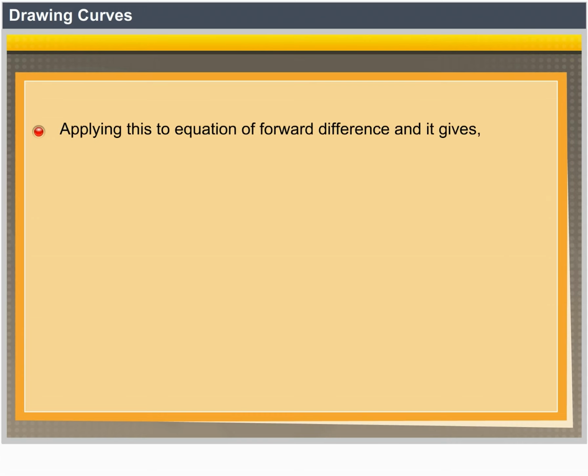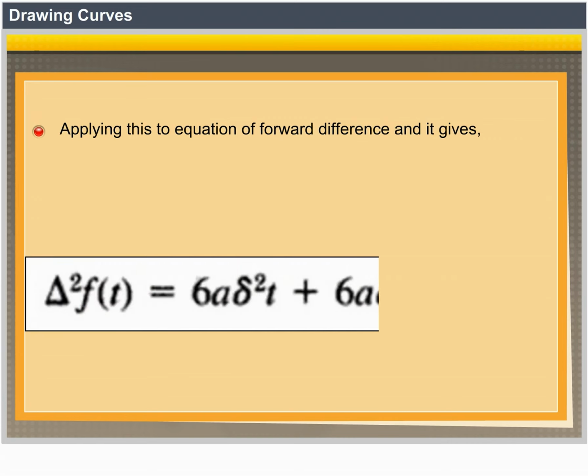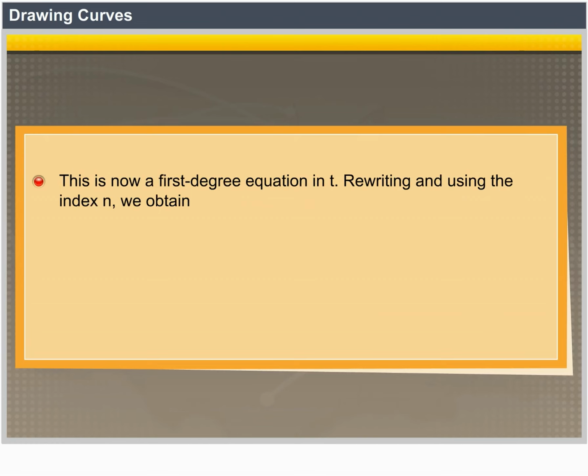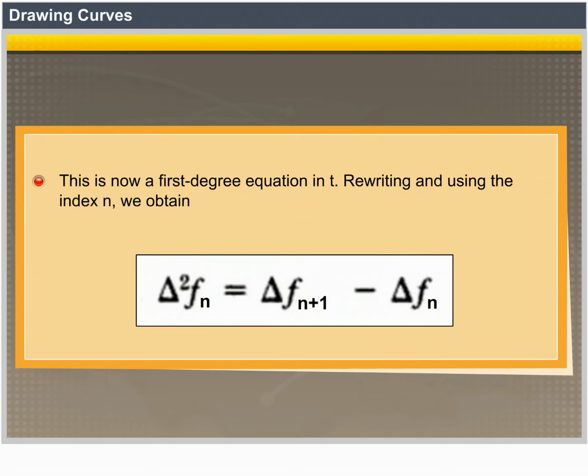Applying this to the forward difference equation gives delta squared f of t equals 6a delta squared t plus 6a delta cubed plus 2b delta squared. This is now a first degree equation in t. Rewriting and using the index n, we obtain delta squared f n equals delta f n plus 1 minus delta f n.